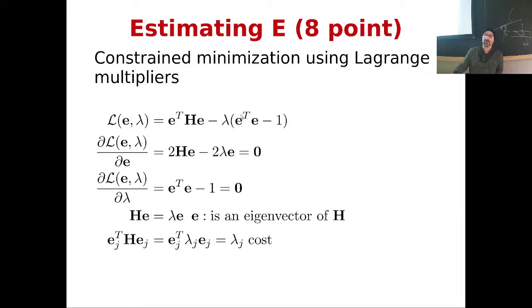So you construct the Lagrangian. Then you find the minimum by solving the following system of equations. You construct out of this Lagrangian a system of equations.